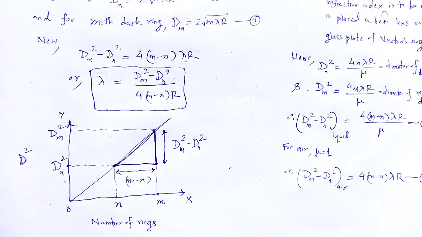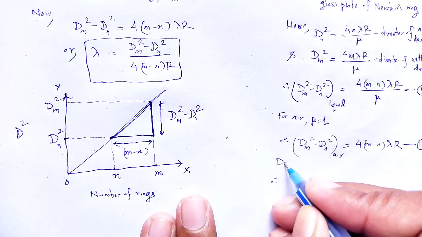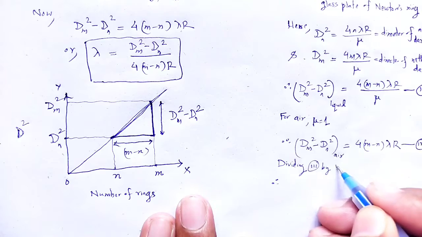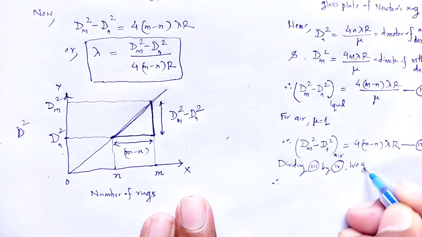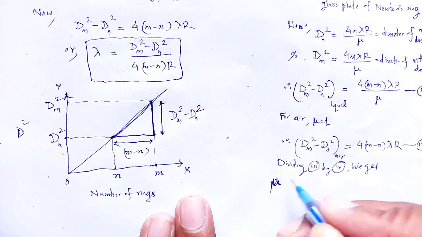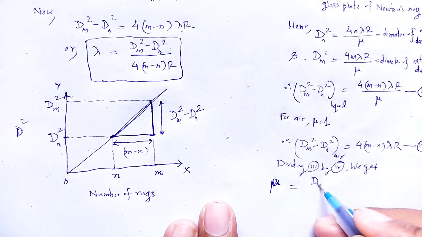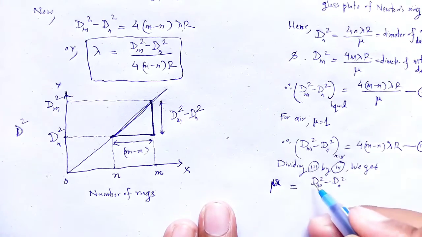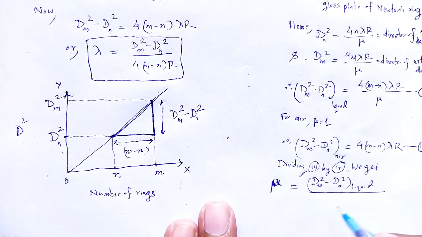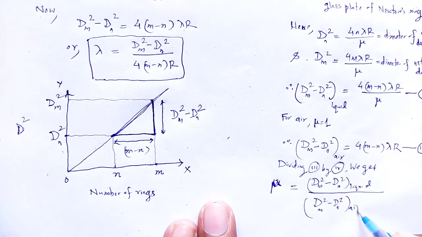Now, dividing equation 3 by 4, we get mu is equal to dm square minus dn square for liquid divided by dm square minus dn square for air.